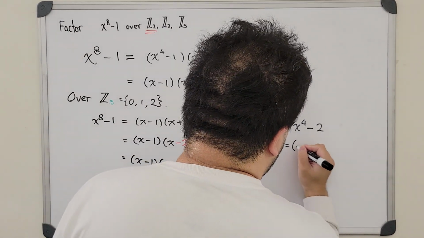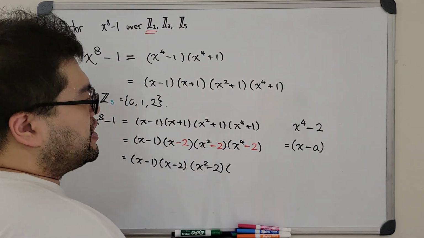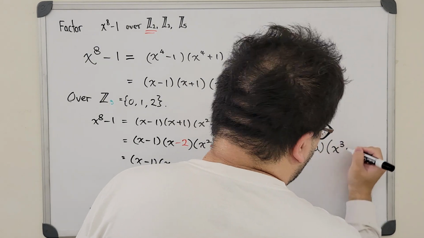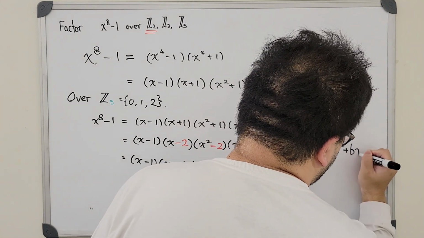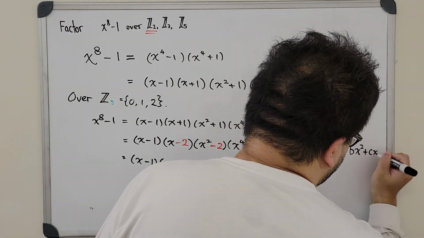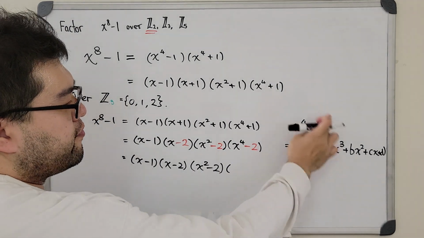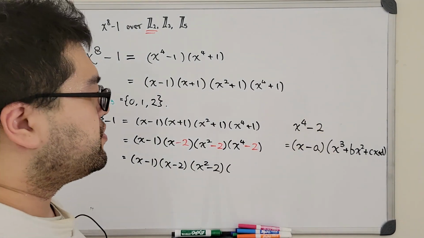Case 1, there exists some linear factor, and then we will end up with something like this, such that the product of these two ends up with x to the 4th power minus 2.